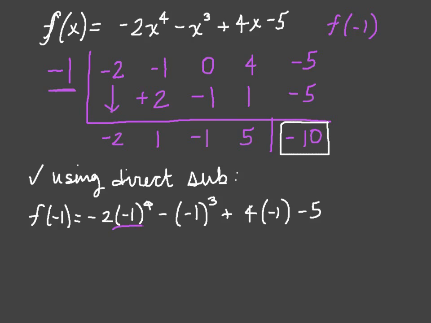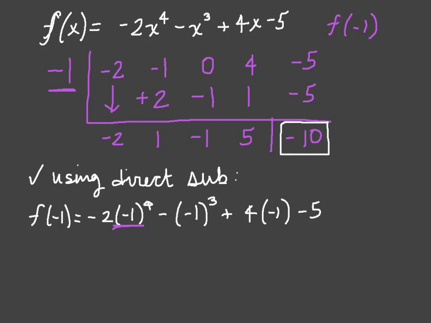Negative 1 to the fourth is negative 1 times itself 4 times. Negative 1 times itself is positive 1. Multiply by negative 1 again, you're back to negative 1. Multiply by negative 1 again, you're back to positive 1. You've learned this pattern before, that an even exponent gives you a positive number in the end, but you may want to go through it step by step at this point.